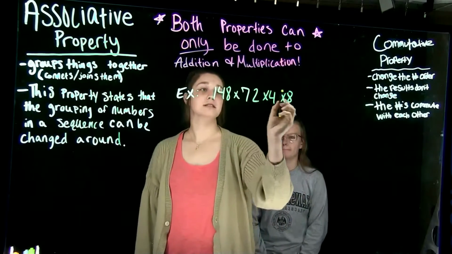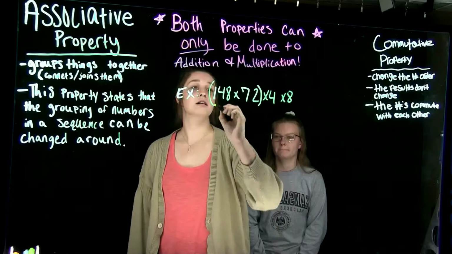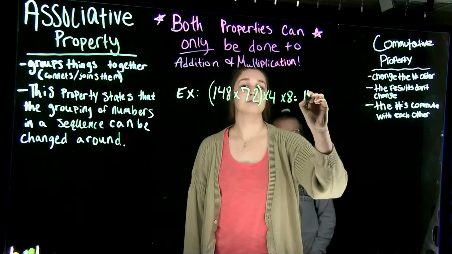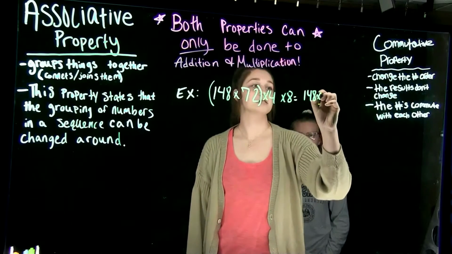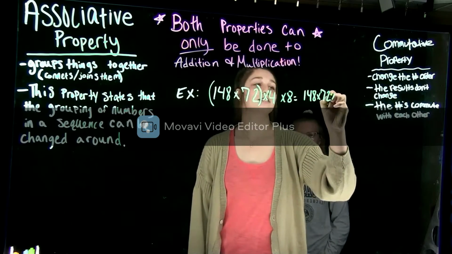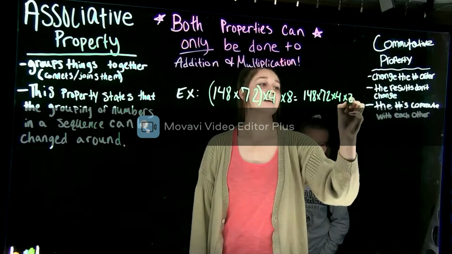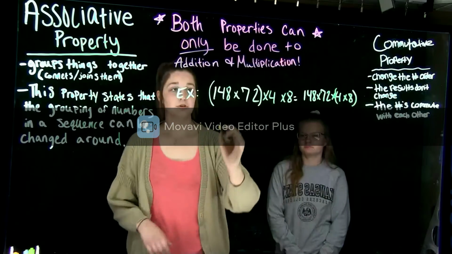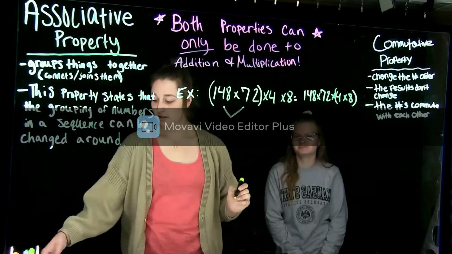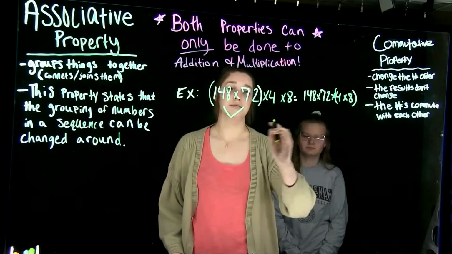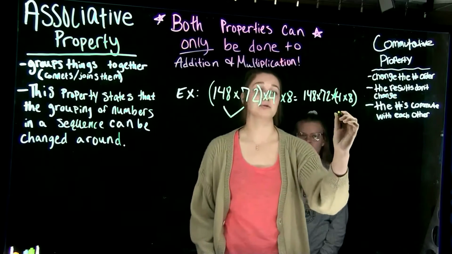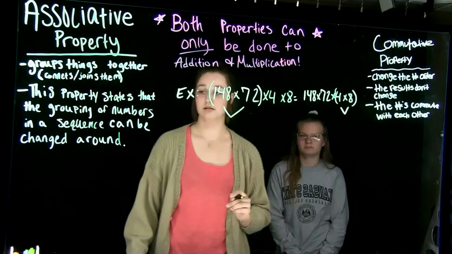And if your parentheses are here, it is the same thing as if you were to have 148 times 72 times 4 times 8 and have your 4 and your 8 grouped together. So for this one, you will end up getting the same thing over here, grouping the two bigger numbers together as you would over here, grouping the two smaller numbers together.